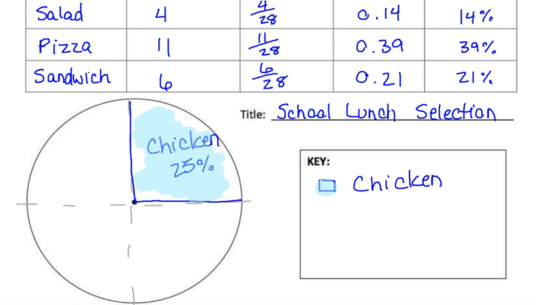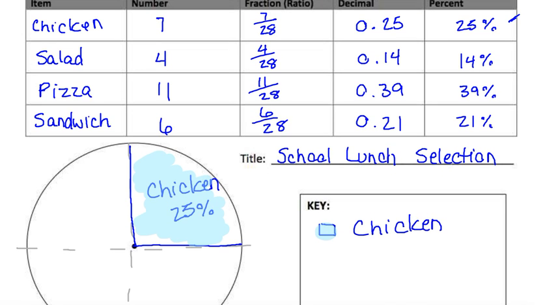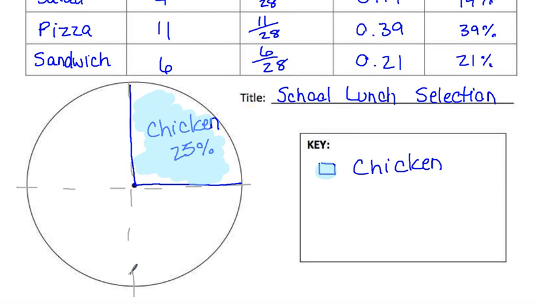All right, now we're starting to run into some trouble because we have 14%, 39%, and 21%. Well, let's think about this a little bit. 21% is almost 25%. Almost. Not quite though. So it's almost one of these perfect L's, but it's going to be a little bit short.